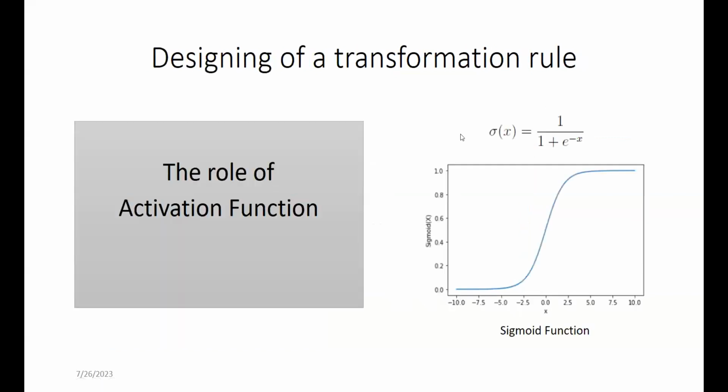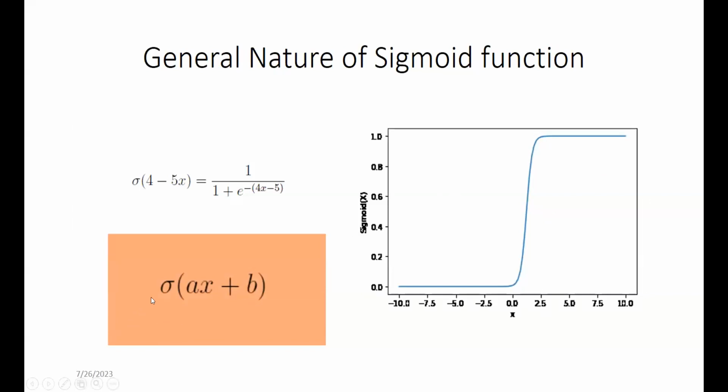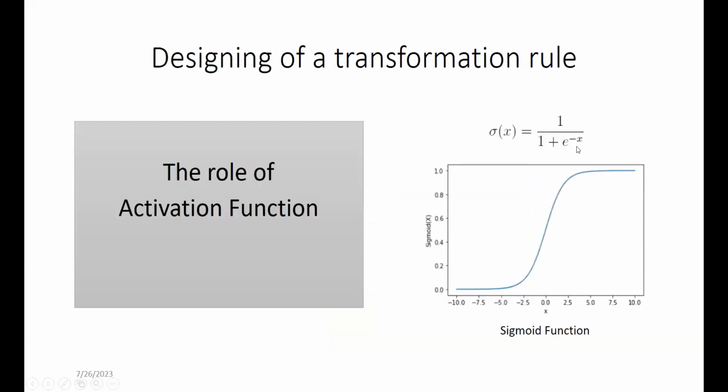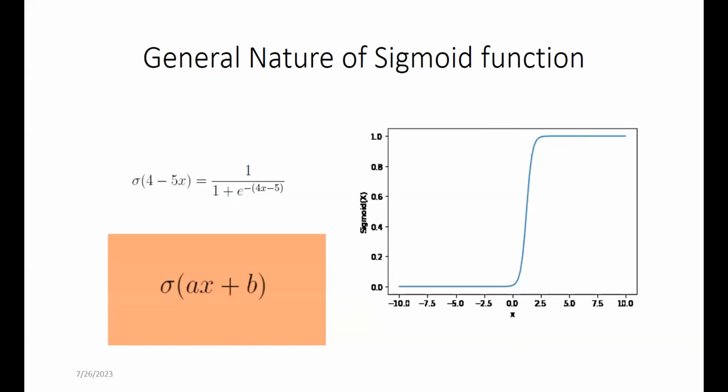So what you see here is a particular case of what I'm writing as sigma of ax plus b, which is a general sigmoid function. What we see here is the case when we have taken a equal to minus 1 and b equal to 0. But this is how we can design any class of sigmoid function by choosing suitable values of a and b. How to choose those suitable values, we'll see in the coming slides.